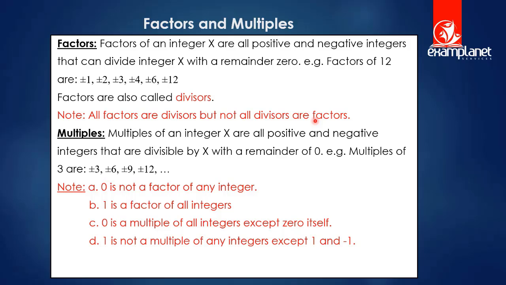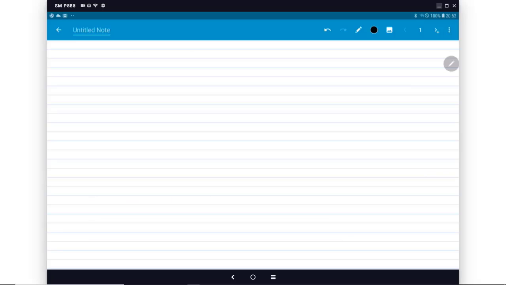Now, what are we saying here? For example, when we divide, let's say 25 by 4, we have 6 remainder 1.